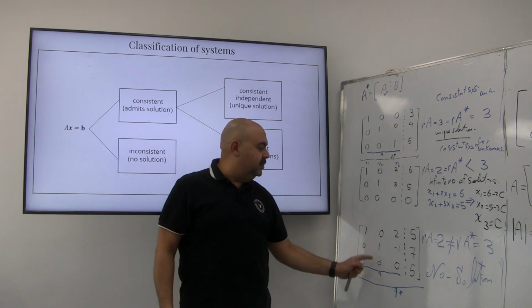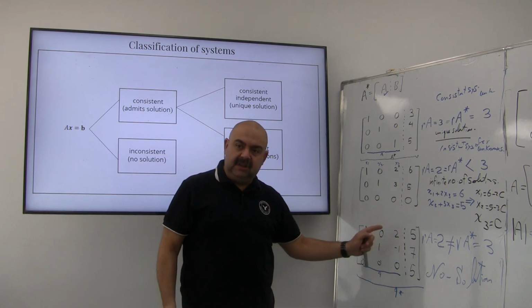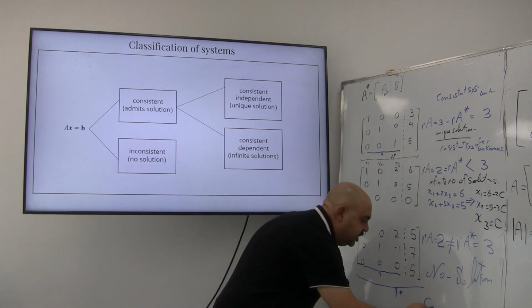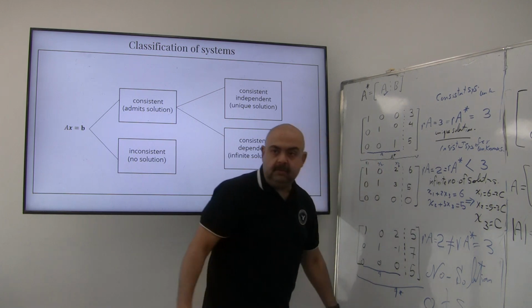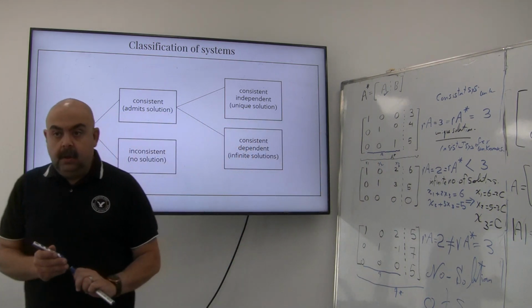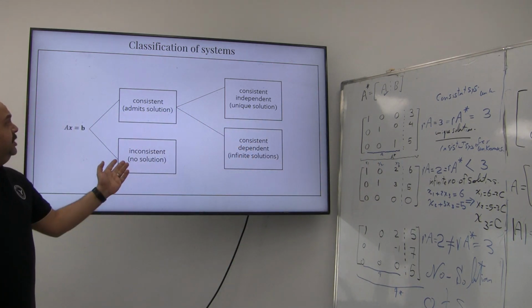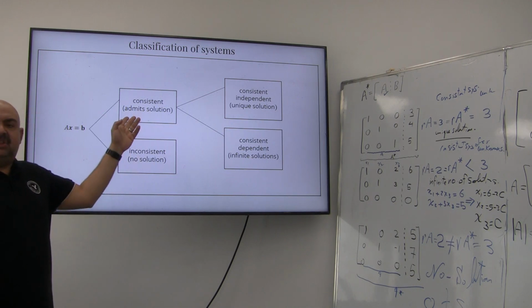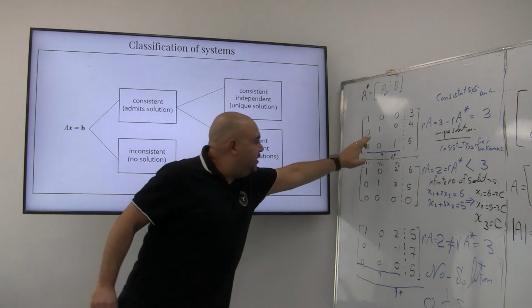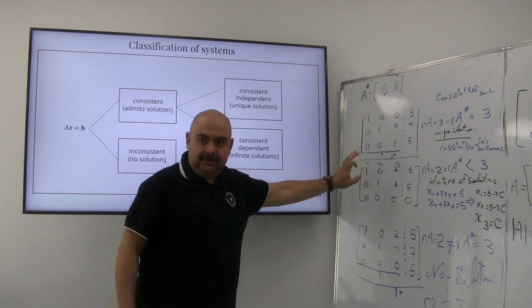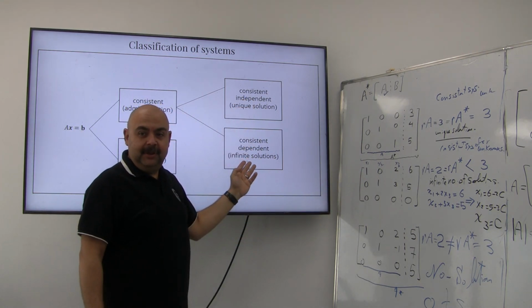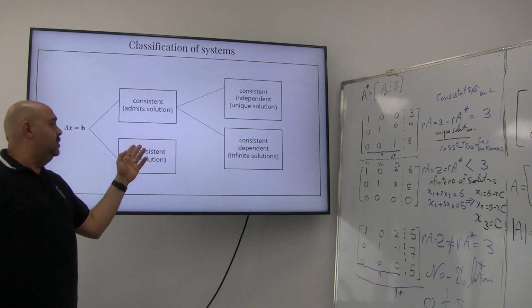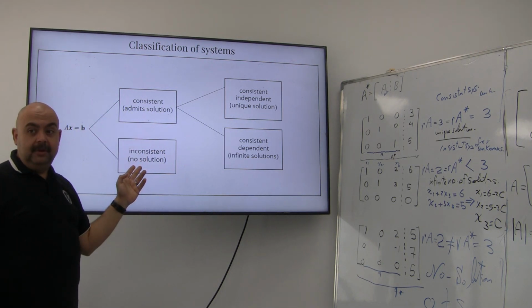It will be 0 times x1, 0 times x2, 0 times x3 equals 5. So it means 0 equals 5. Is it possible? No, it's impossible. Is that clear? What you saw now is already written here. A consistent system, in this case and that case, will lead to a unique solution or an infinite number of solutions. But for the inconsistent system, there will be no solution.